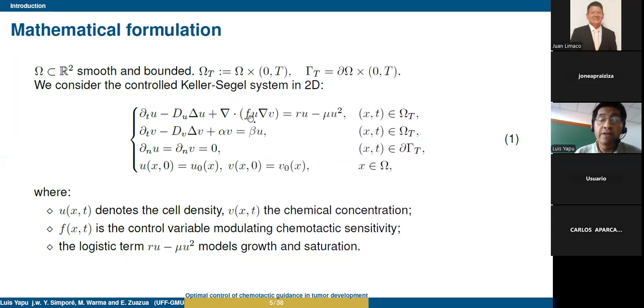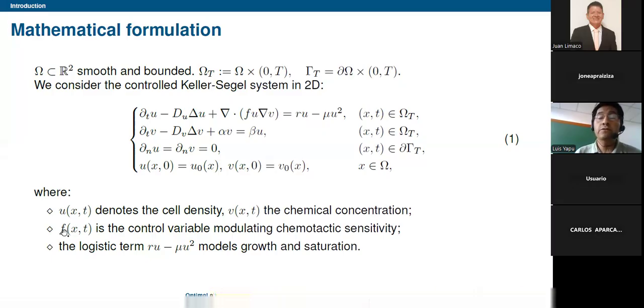And the nonlinearity, the relevant part of this model, is this term, where the density of V, the density of the population of the chemical, will transport or convect the density of cells U. This is a vector field, and we have here a transport equation for U.